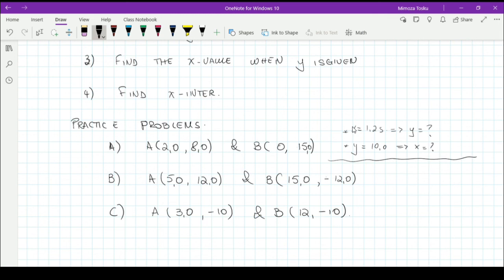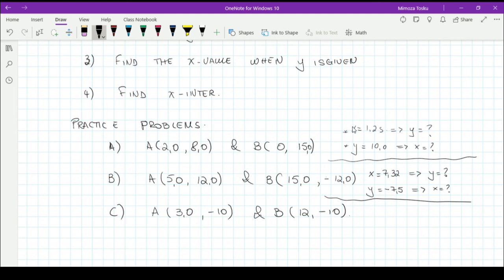For the second one, the value of x is given as 7.32, and you will find the value of y, and the value of y given will be negative 7.5, and you will find the value of x.